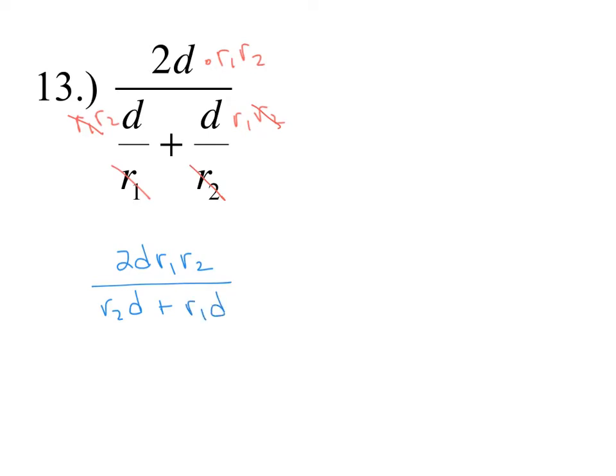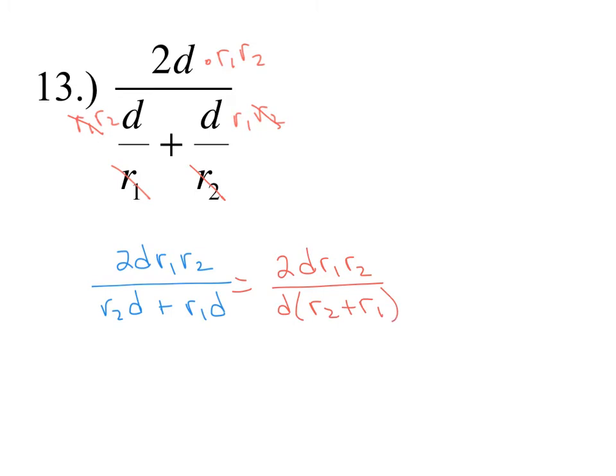Now we just do have another step here in the lower fraction. We have a greatest common factor of d. So I'm going to factor out that common factor, the GCF. In the numerator, I'm going to just keep it the same because I'm not going to factor. But in the denominator, I'm going to factor out the d, and that will leave you r2 plus r1.